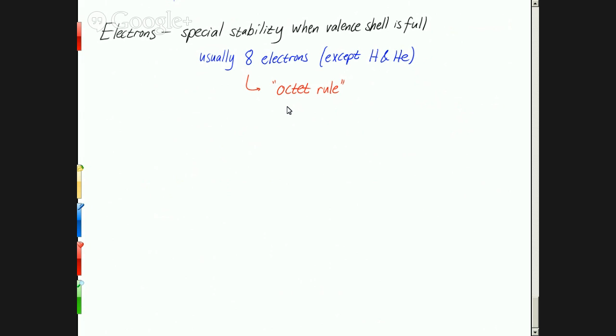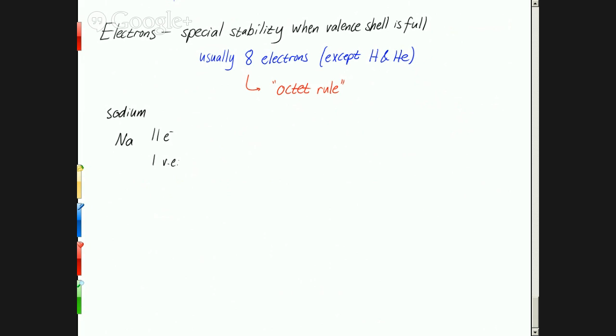So I'll give you an example. Sodium. Anybody remember the symbol for sodium? Na, good. So how many electrons does sodium have? 11 electrons. How many valence electrons does sodium have? 1 valence electron.